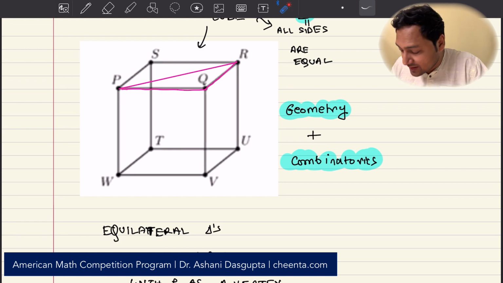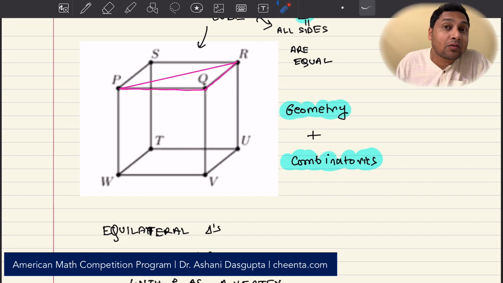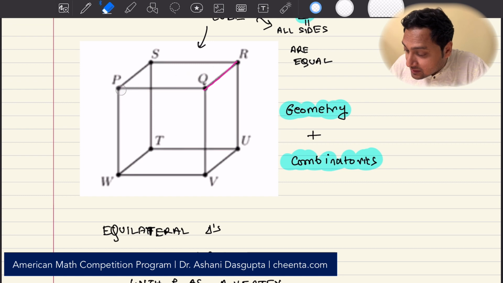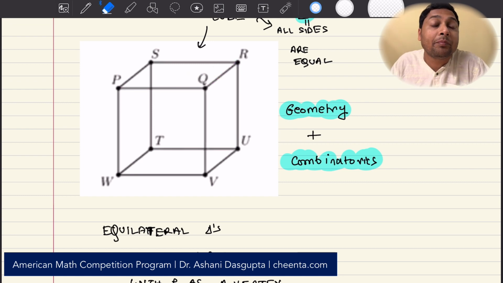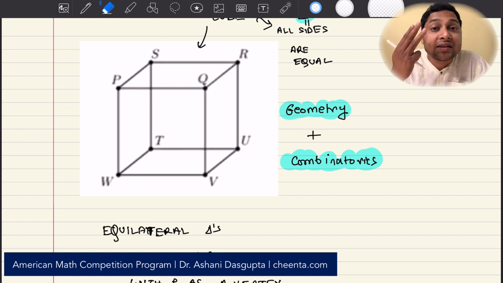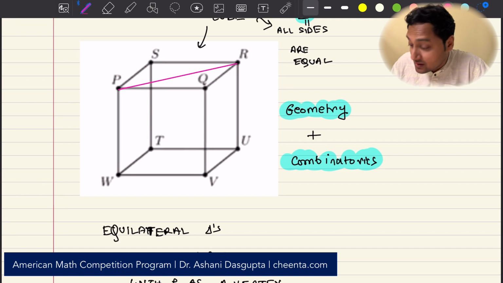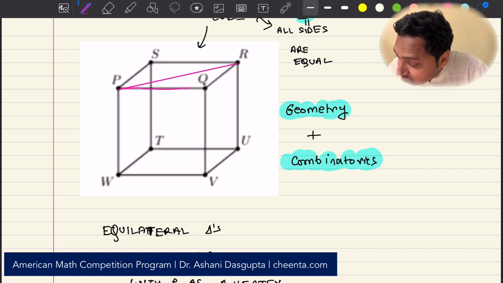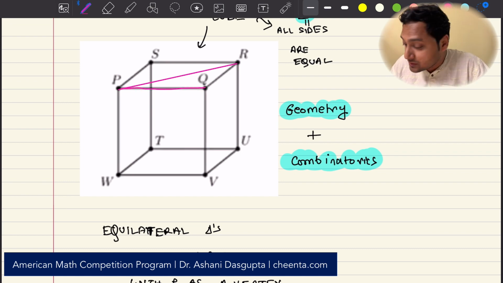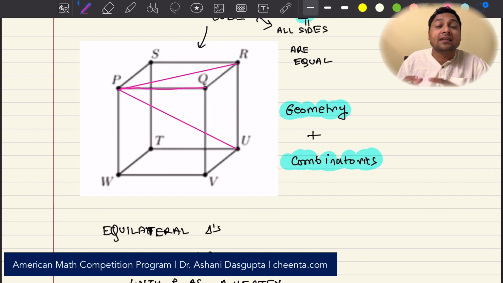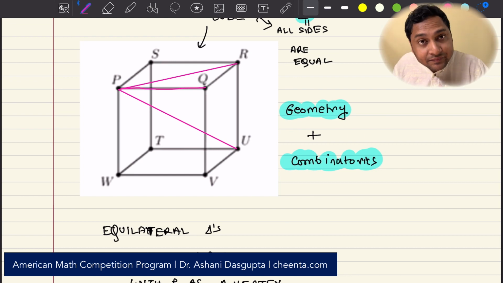It's an isosceles triangle. In fact, by using Pythagoras theorem, we can easily check that the lines coming out of P can be of 3 types. PR, which is a diagonal of a square, PQ, which is the side of the cube, and PU, which is the diagonal of the cube itself.